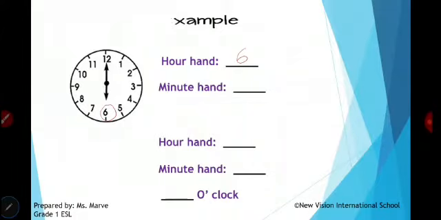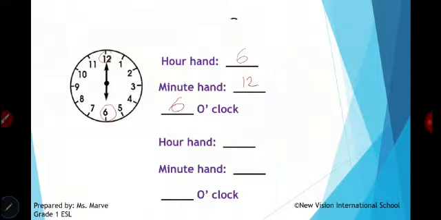The minute hand is pointing to 12. Very good. You can write here 12. How about when you read the time? It is 6 o'clock. Very good.